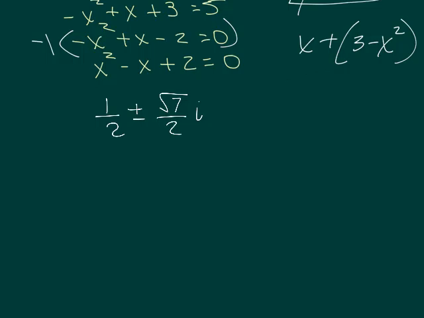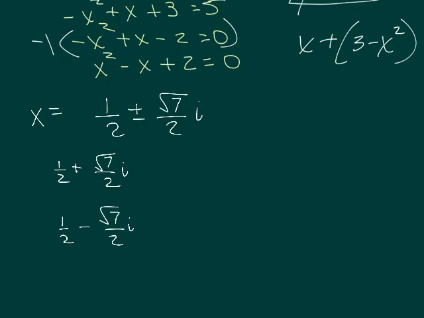So now we have to substitute 1/2 plus the square root of 7 over 2i and 1/2 minus the square root of 7 over 2i in order to find our y value. So this is our x value. So that's where we have to move on the x-axis.